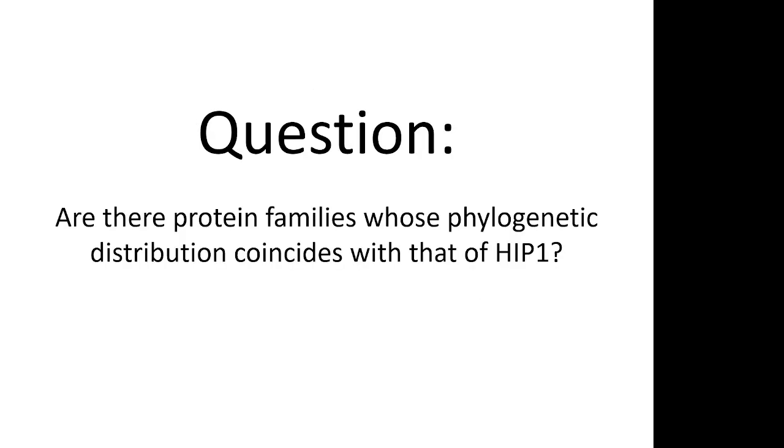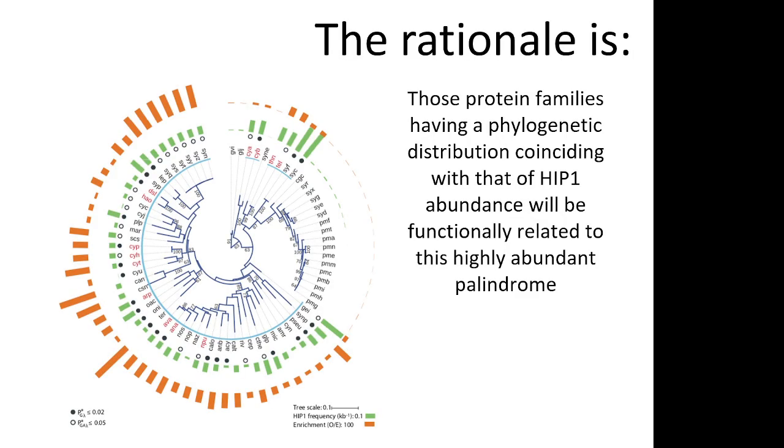So, the question related to the hypothesis is whether there are protein families whose phylogenetic distribution coincides with that of HIP1. The rationale is that those protein families that have a phylogenetic distribution coinciding with that of HIP1 abundance will be functionally related to this highly abundant palindrome.